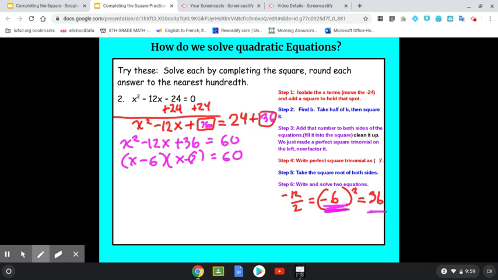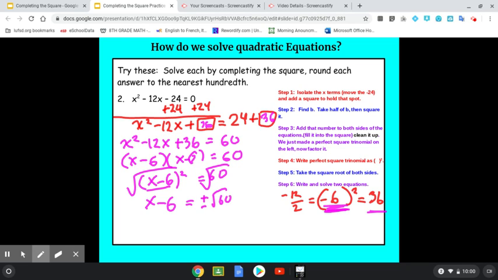Bring down your 60. So this becomes a perfect square, so I rewrite it as x minus 6 squared equals 60. Step 5 says take the square root of both sides. The square root allows me to take out that x minus 6, so drop everything off of that side, and then this just becomes plus or minus radical 60.